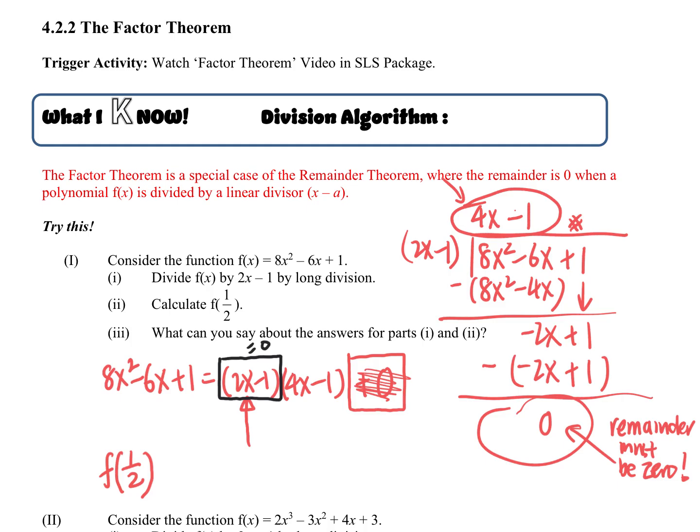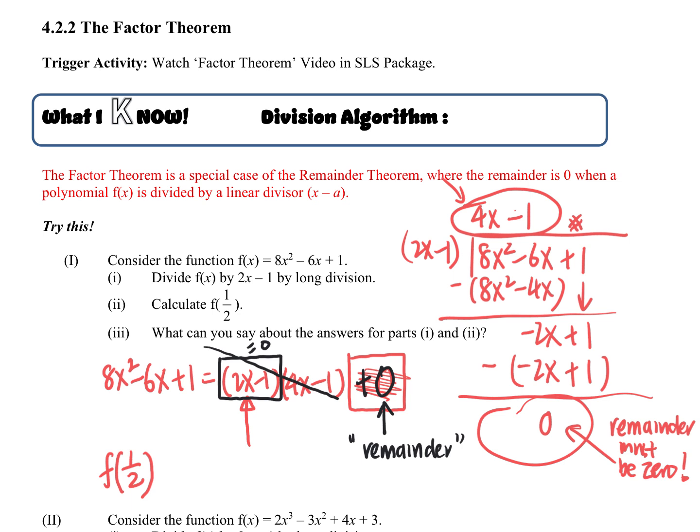When you make this equal to 0, this whole thing will cancel out, and what you are trying to find is the 0 over here, which is the remainder. Wait, but we know it's 0, then why are we trying to find it? Yes, but you still have to sub in the value to make it 0. So what are we trying to find? We are trying to prove that it's a factor.